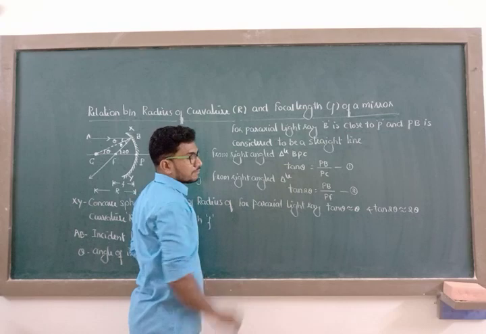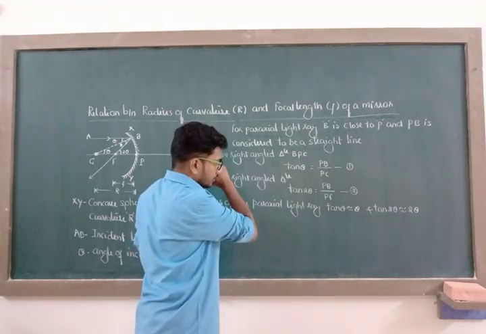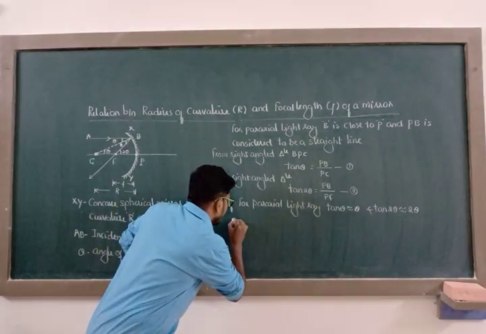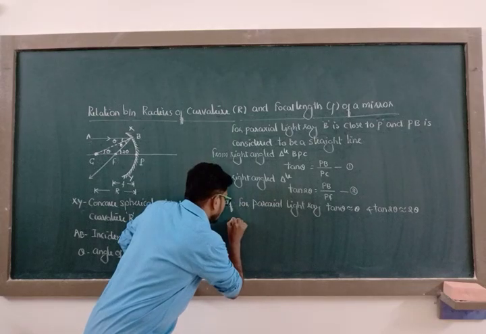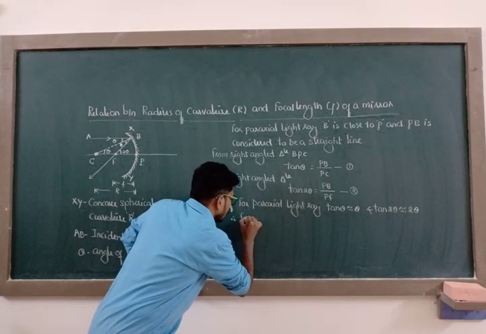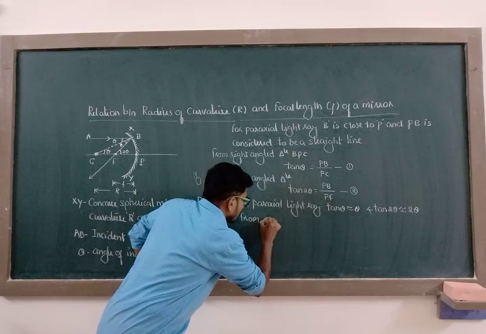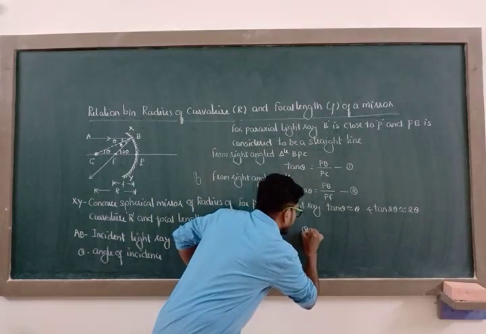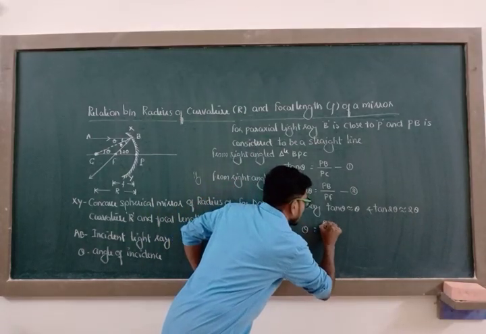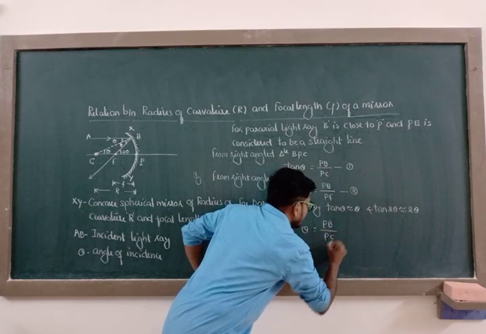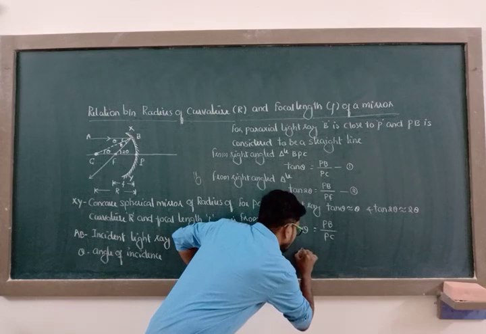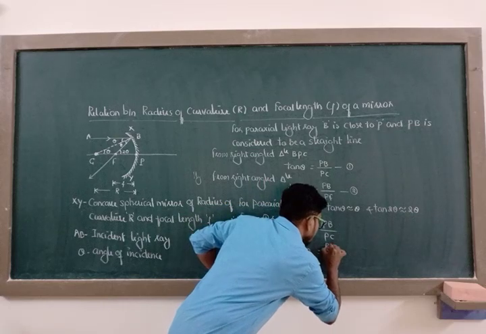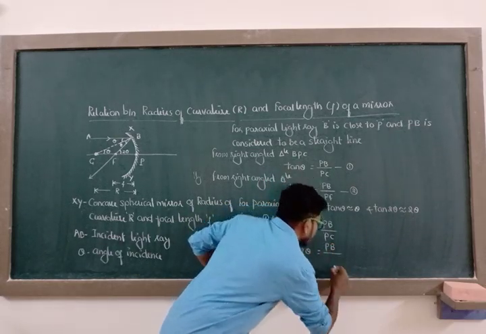Then above equations become, therefore, from 1 and 2, theta is equal to PB divided by PC. From 2, 2 theta is equal to PB divided by PF.